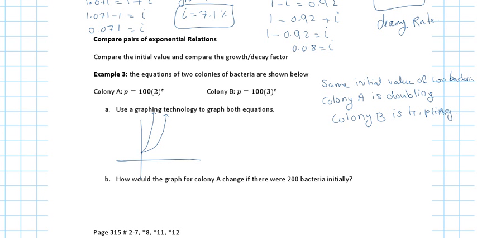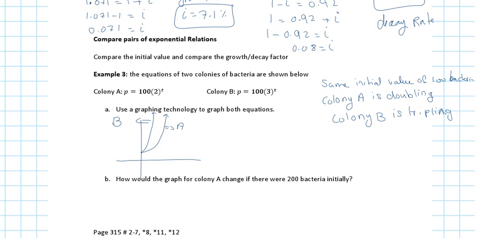Colony A is going to have 400, colony B is going to have 600. So colony B is going to be faster. So this is going to be colony B, and this is going to be A.